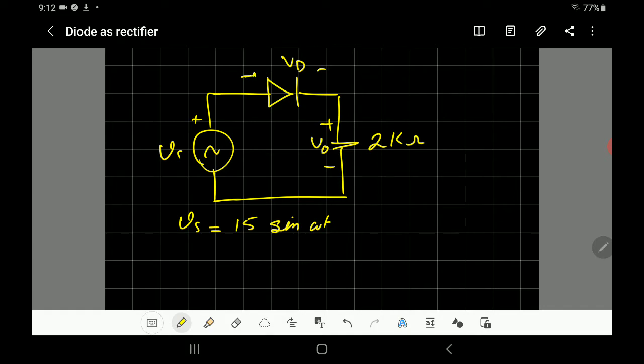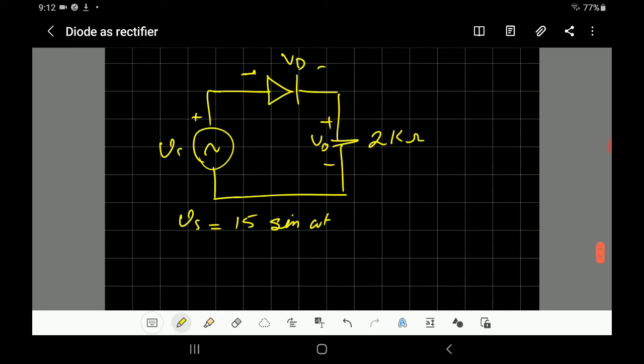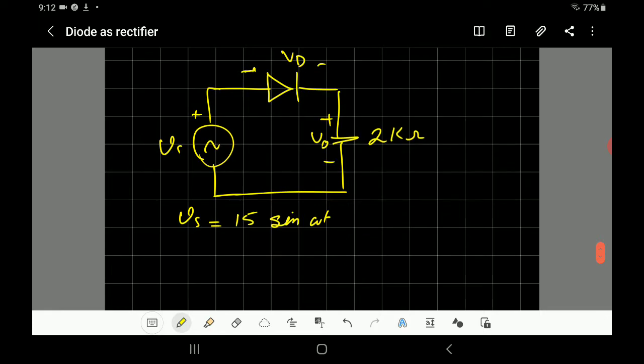Now we have two things. First, we're going to have a positive cycle one time, and a negative cycle one time. When you have the positive cycle, the diode will be conducting, and the whole positive cycle will come out with the same magnitude, which is 15 sine omega t.